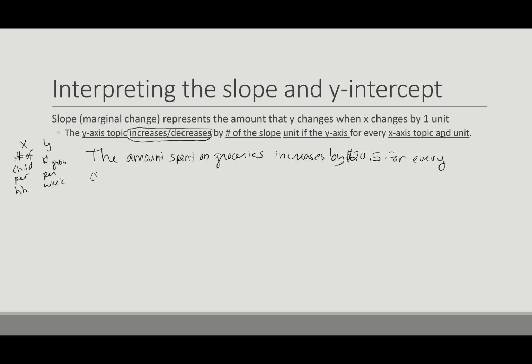So for every child, and then our topic in unit, well, our child we just measure as children, so we're not going to have a special unit. But we always want to go back and make sure that our sentence makes sense. So we would say the amount spent on groceries increases by $20.50. Let's put a 0 on there so it makes sense as a dollar amount. So it increases by $20.50 for every child in a household.